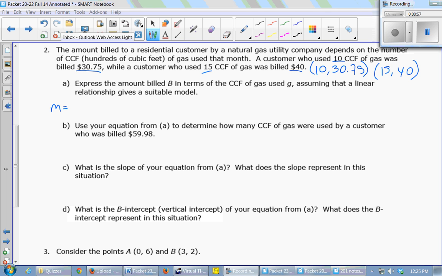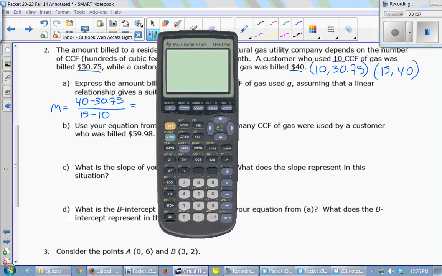That's my change in y, 40 minus 30.75, divided by my change in x, which is 15 minus 10. And we get 40 minus 30.75 divided by 5, 1.85.